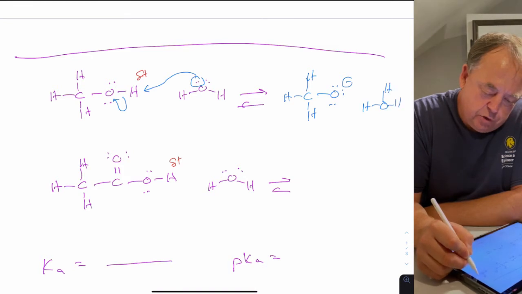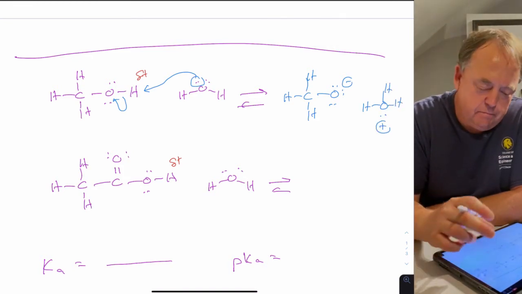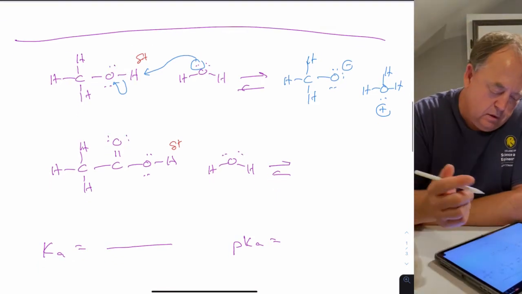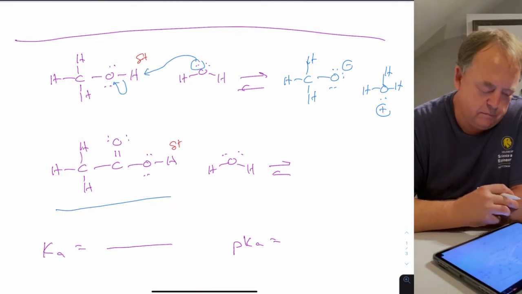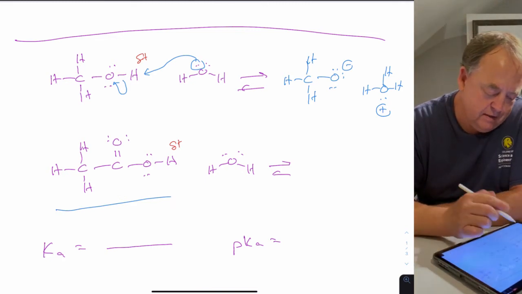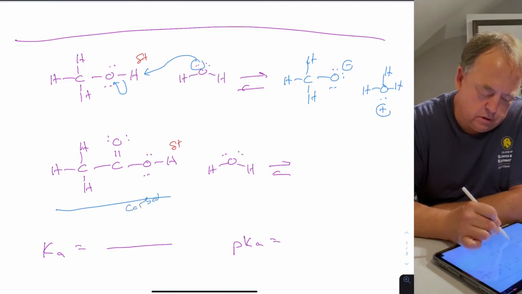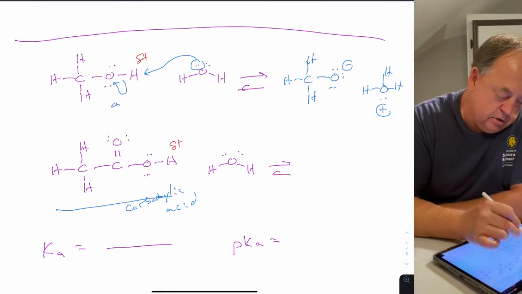So you would make H3O plus, hydronium, and the conjugate base of the alcohol. And for this molecule, what kind of functional group is that? If you've memorized your functional groups already, you have a C double bond O with an OH attached. That's a carboxylic acid. And this is just an alcohol.